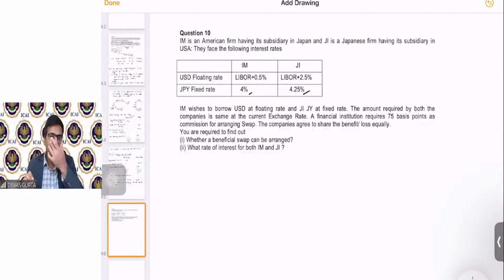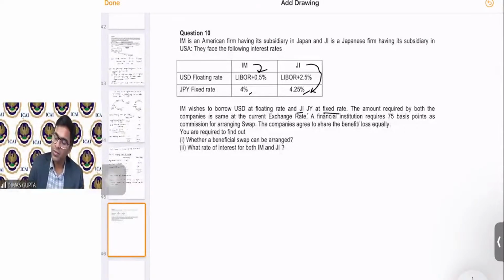So JPY is operating in a fixed rate basis, USD is operating in a floating rate basis. IM wishes to borrow USD at floating rate like this, and JY at a fixed rate. That means this. Okay. The amount required by both the companies is same at the current exchange rate.